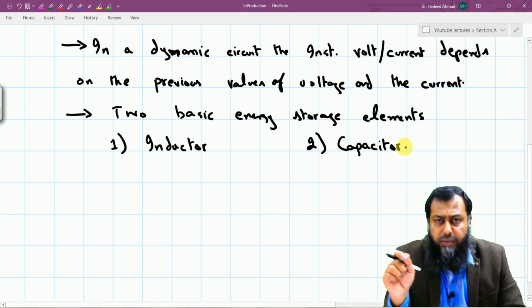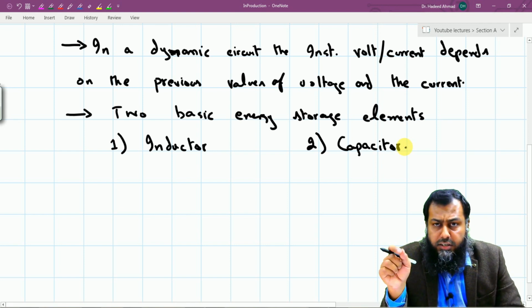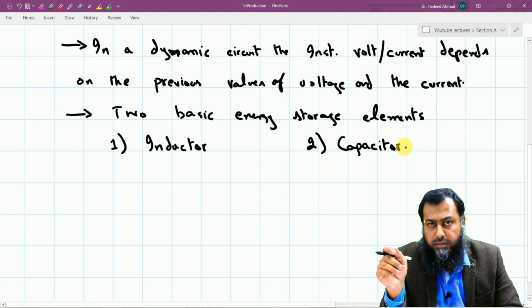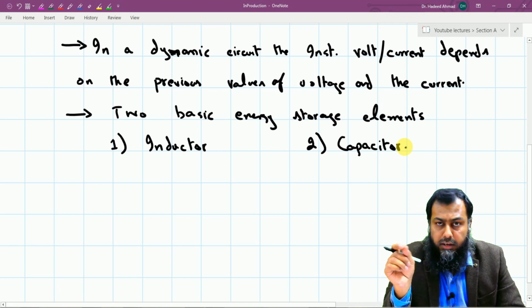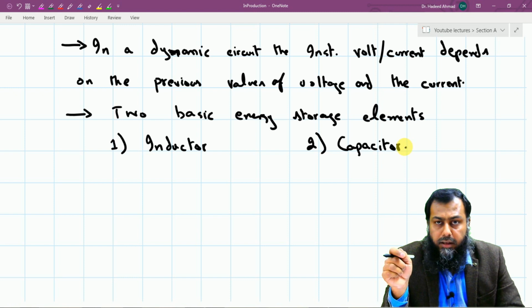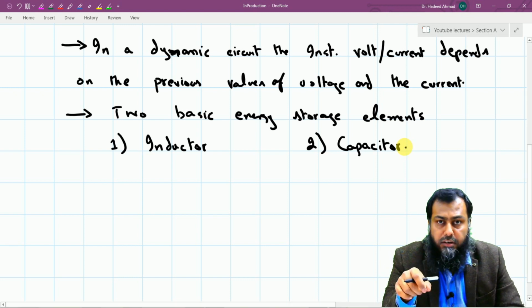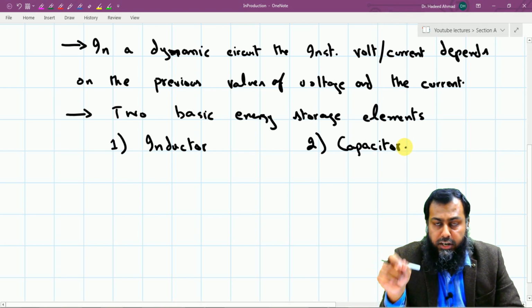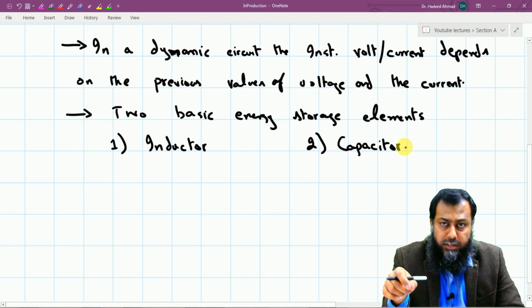Now whenever we have energy storage elements in a given circuit, the circuit becomes complex, because the mathematical treatment of that particular circuit contains not only simple mathematical equations, but we shall also see integration and differentiation in those circuits.